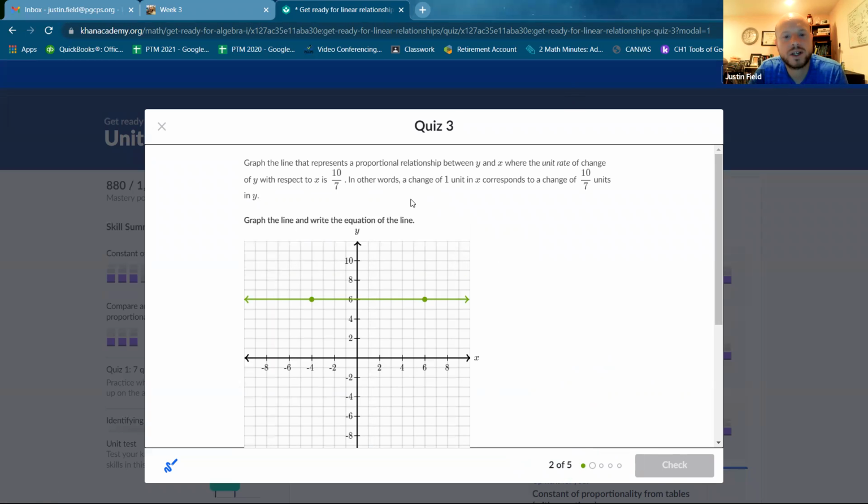Graph the line that represents a proportional relationship between y and x, where the unit rate of change of y with respect to x is 10/7. In other words, a change of 1 unit in x corresponds to a change of 10/7 units in y. Graph the line and write the equation. So, constant of proportionality is 10/7. So that means it's going through 0, 0, and 10/7.